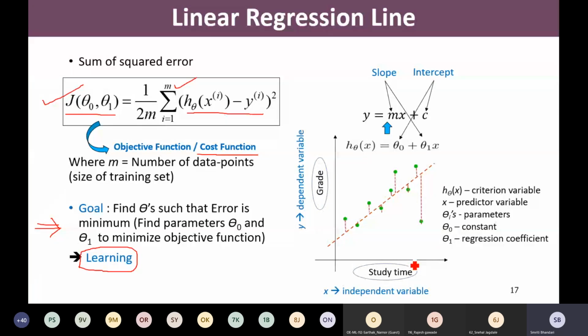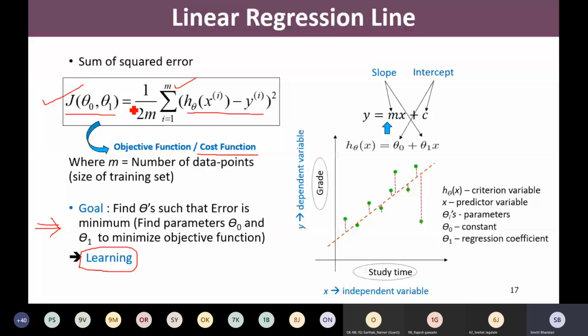So how are we going to do that? We come up with this generic objective function or cost function. We find the thetas such that this cost function or objective function gets minimized. And this entire process is called learning.